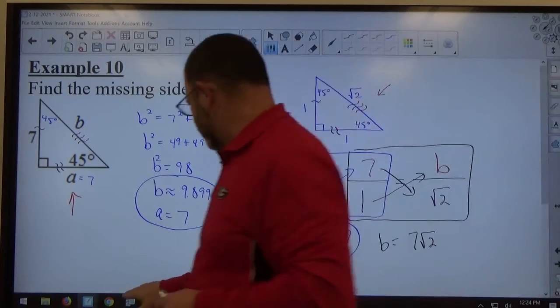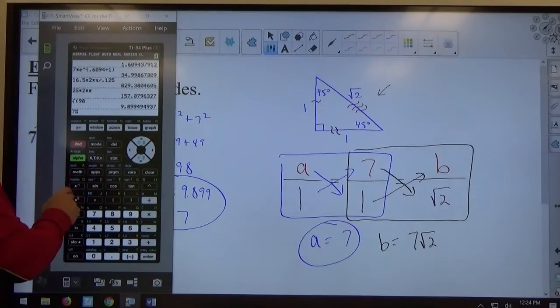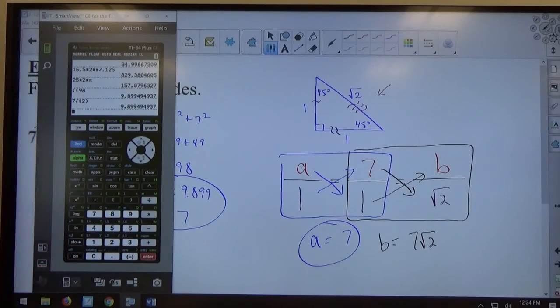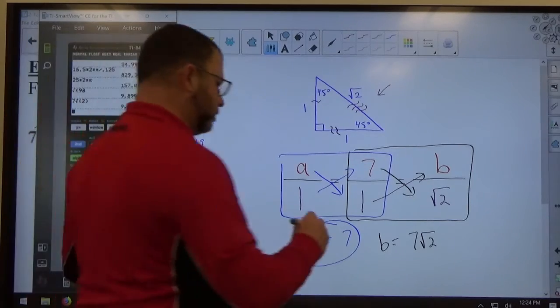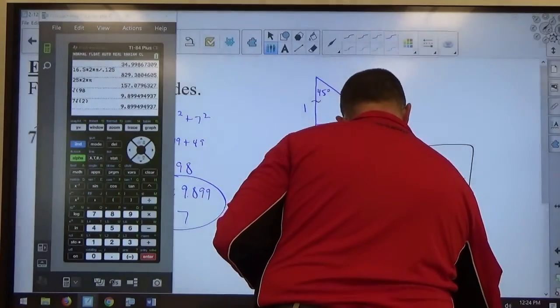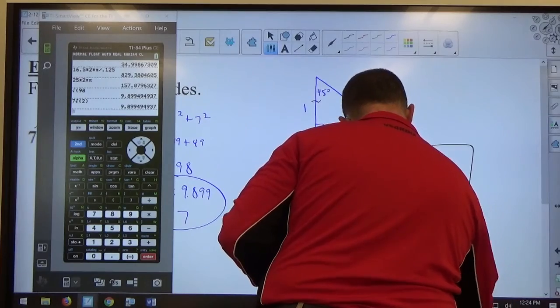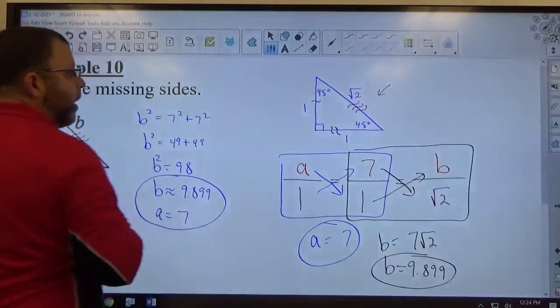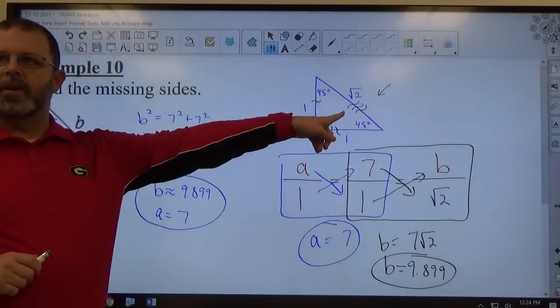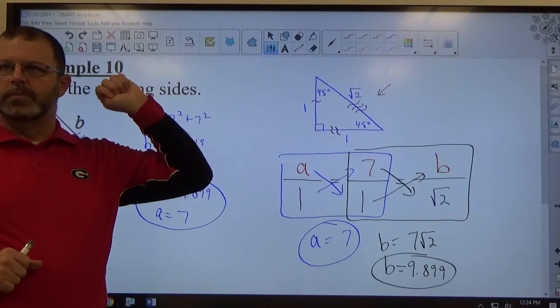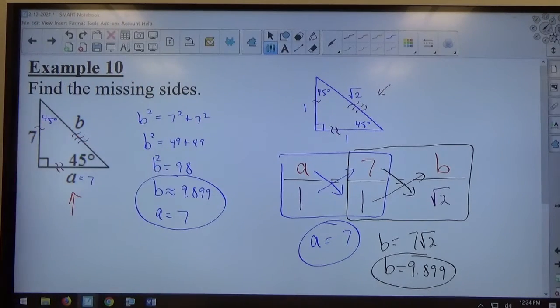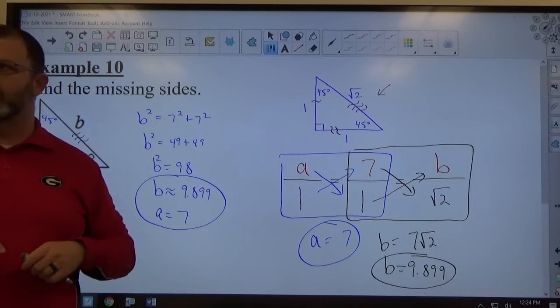Which, if you get your calculator out, 7 times the square root of 2 is 9.899. So, if you just commit this triangle to memory, 1, 1, square root of 2, that's how you get a 45, 45, 90 solved anytime you need it. As long as you know one side and it's a 45, 45, 90, the proportion works.